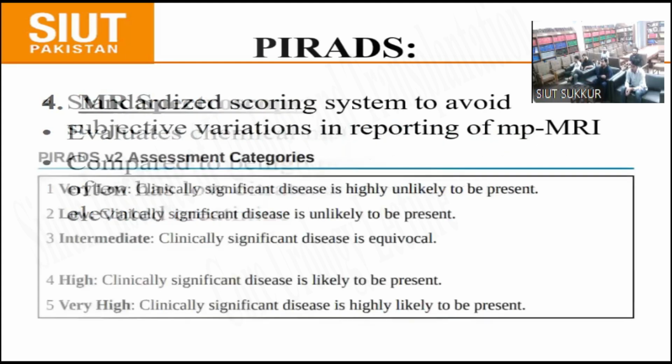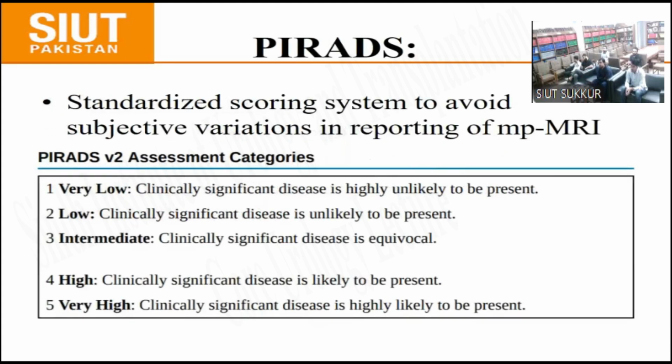These are the PI-RADS scores, a standardized scoring system to avoid subjective variation in reporting of multiparametric MRI. PI-RADS assessment categories: the first is very low, where clinically significant disease is highly unlikely to be present.